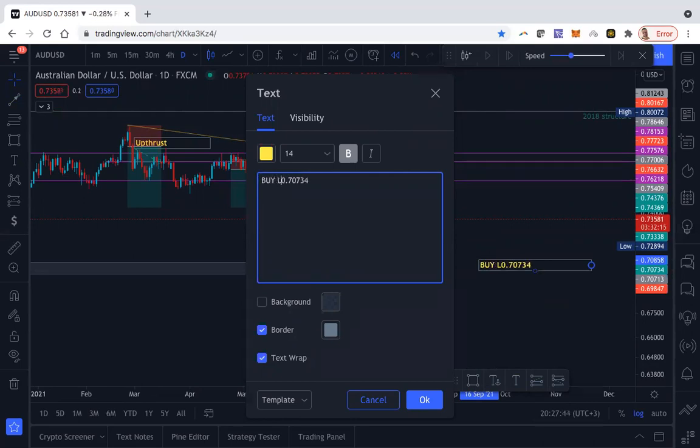It's also my final TP, but it's also my buy limit level, okay?